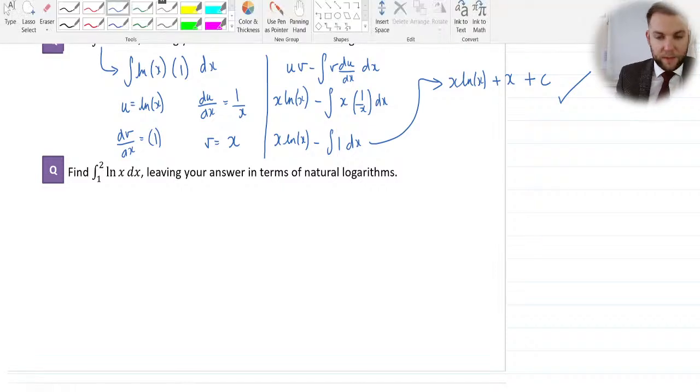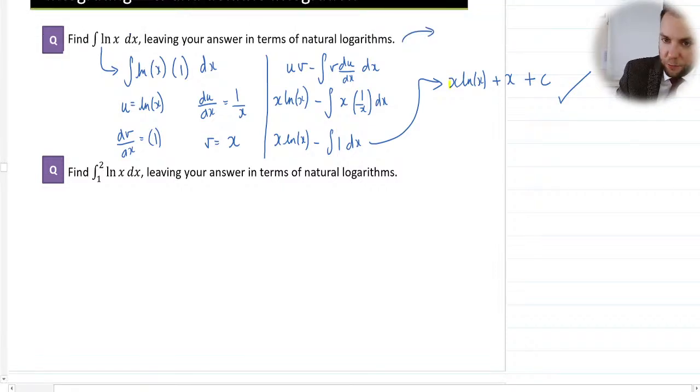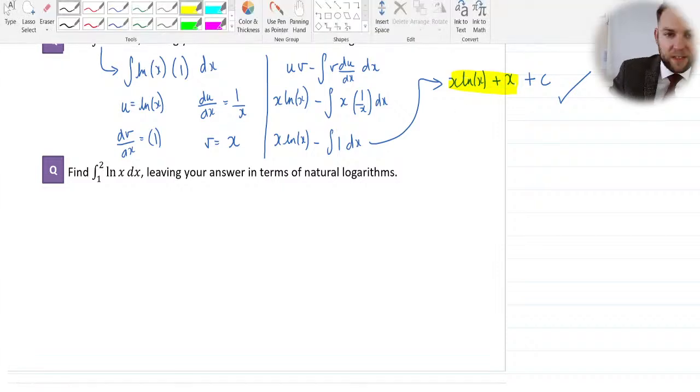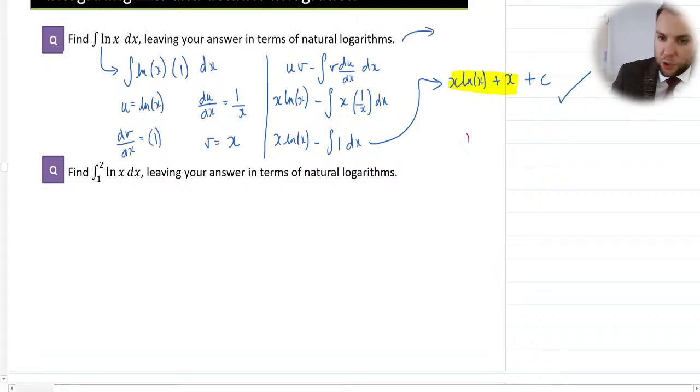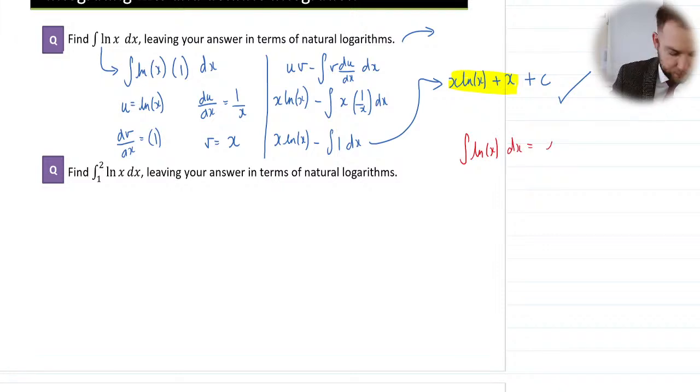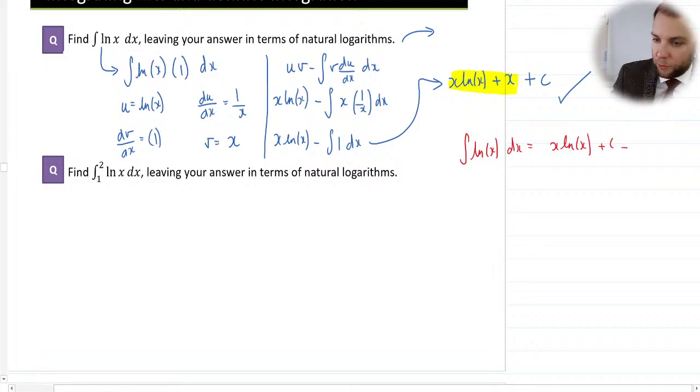So this is a little definition. Now you will need to know this, because we haven't actually come across this: the integral of ln x with respect to x is equal to, this is kind of a little proof, isn't it? x ln x plus x plus c.